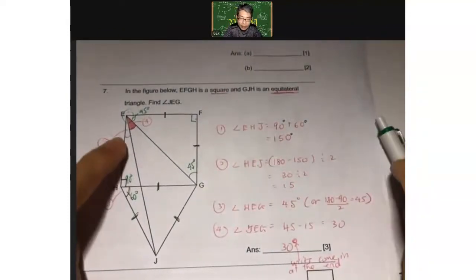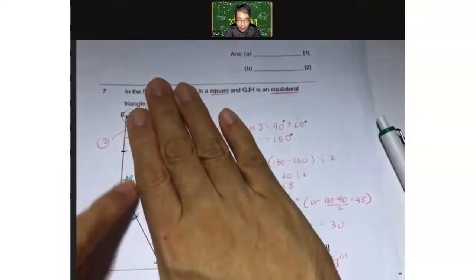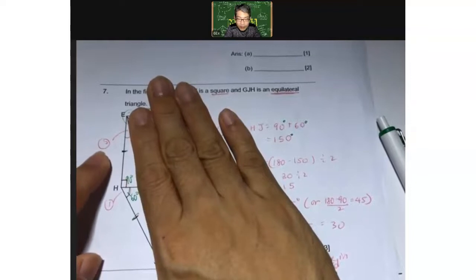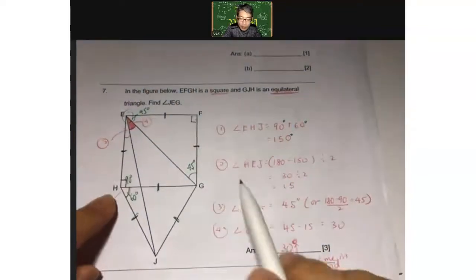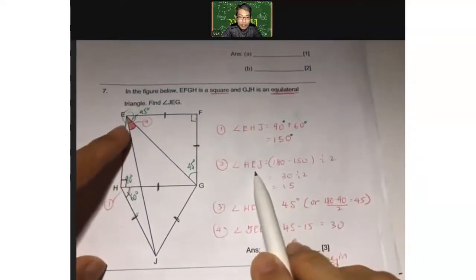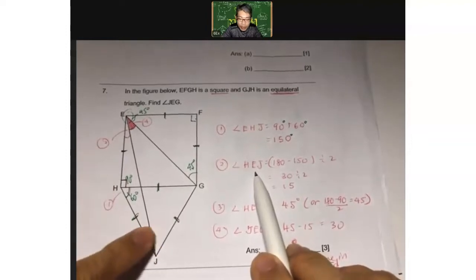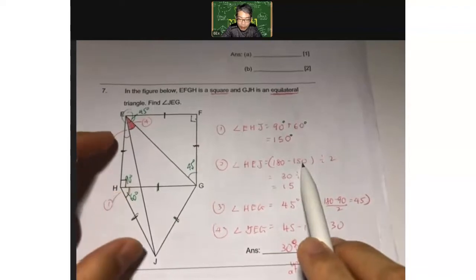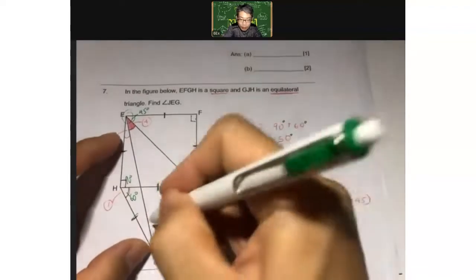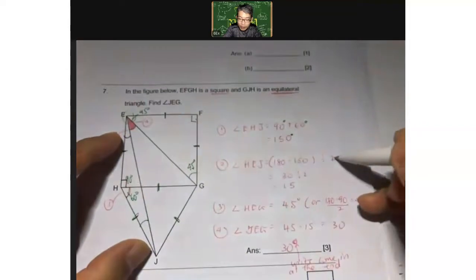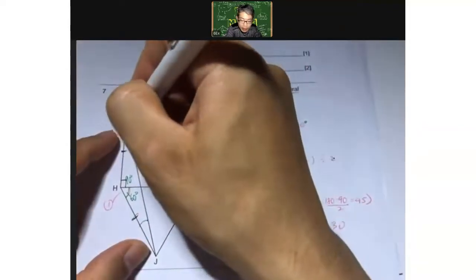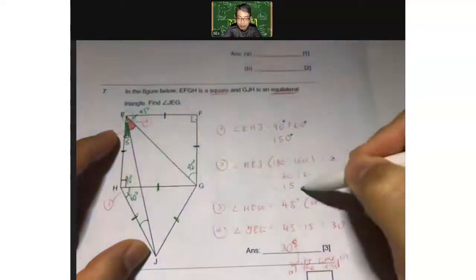So I have that plan in my head first, then I work out my steps. First step I need to find is this. So I found out this angle. My step 2 is to find this. How do I do step 2? HEJ, I use 180 minus 150, and then I get these two angles, which I then divide by 2 to get one of them. So 15 will be this angle in green. So this is 15 degrees.